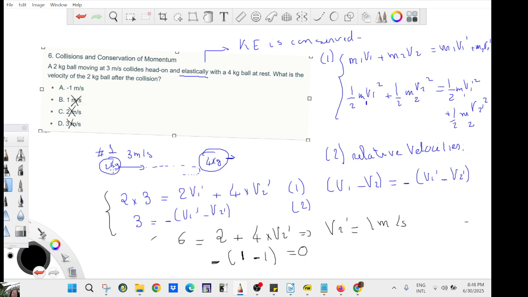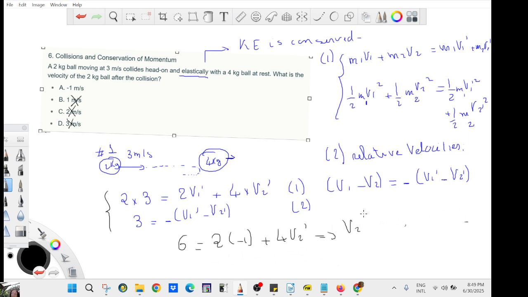Now you could have guessed that it's going to be A, because this one is big relative to this one, so it has to bounce off. And the only negative one is A. I think that's what they want you to realize, right? So in that case, you're going to have 6 equals 2 times minus 1 plus 4 times v2 prime.